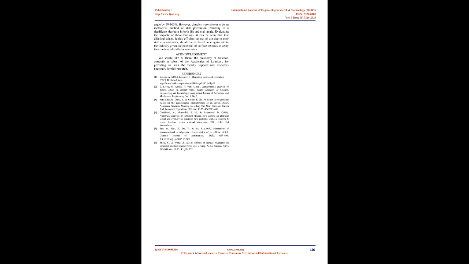However, dimples were shown to be an ineffective method of stall prevention, resulting in a significant decrease in both lift and stall angle. Evaluating the impacts of these findings, it can be seen that elliptical wings, highly efficient yet out of use due to their stall characteristics, should be explored once again within the industry given the potential of surface textures to delay their undesired stall characteristics.